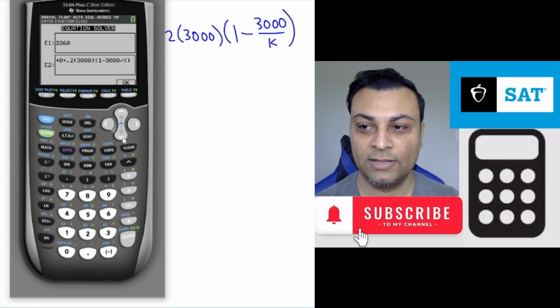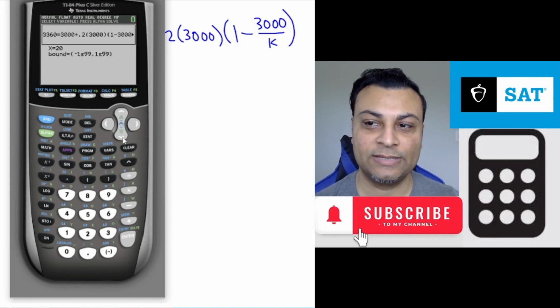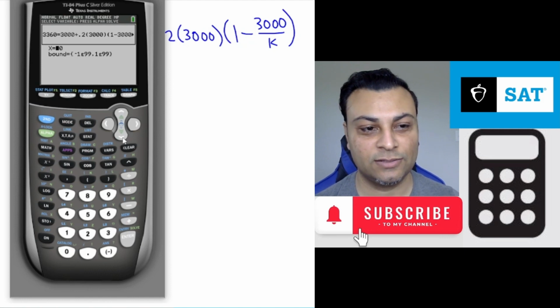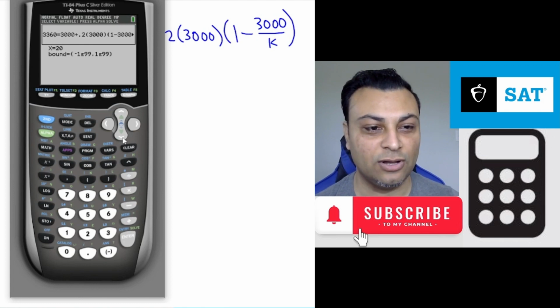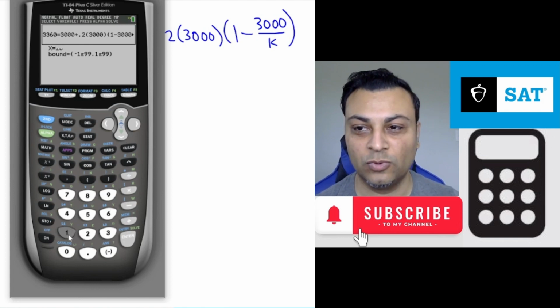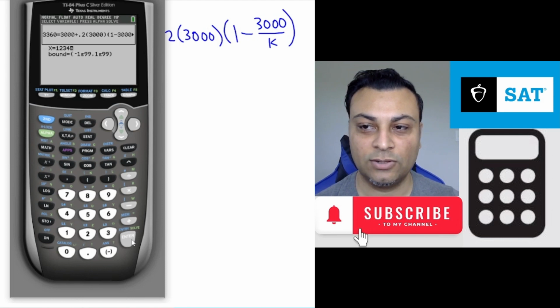Boom, that's it. Hit down, and they want you to make some sort of guess in case some equations have more than one solution, and this will help them find the closest one. But we don't know the answer at all. Let's just make some random guess. 1, 2, 3, 4. Alpha, solve.